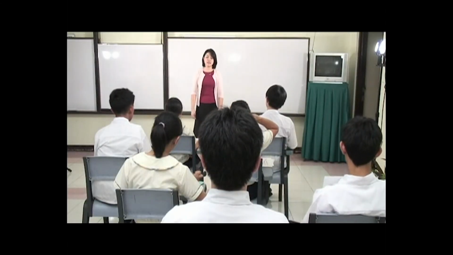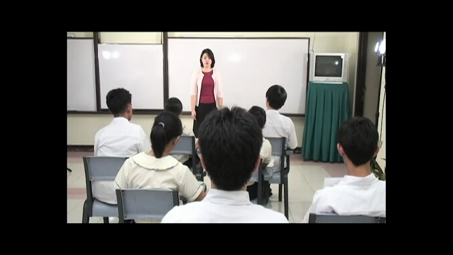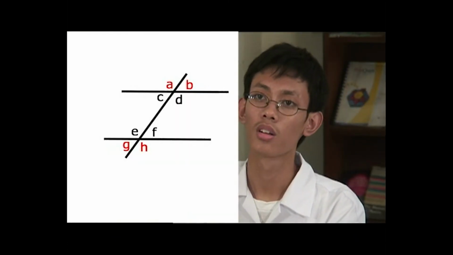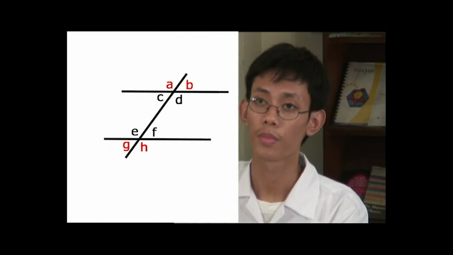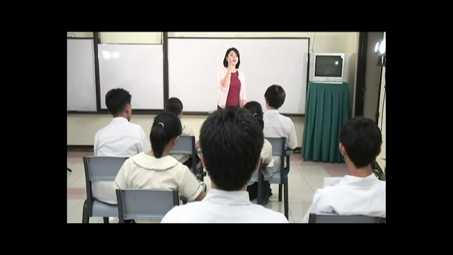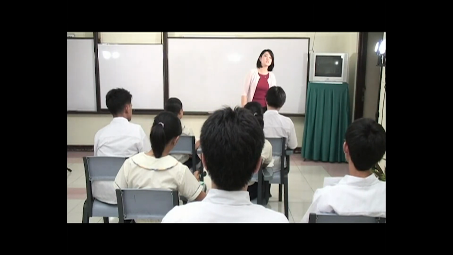That's true, but C and D also lie on different sides of the transversal, but they are not alternate interior angles. What other characteristics describe these angles? One angle is at the upper part and the other is on the lower part of the region between the two lines. That's correct. Let us summarize the properties of alternate interior angles.